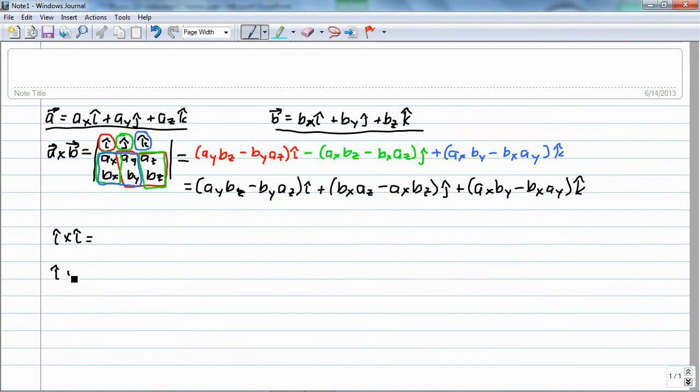So I'm going to have i hat cross j hat and i hat cross k hat. There's 9 of these different possibilities. j hat cross i hat, j hat cross j hat, and j hat cross k hat.